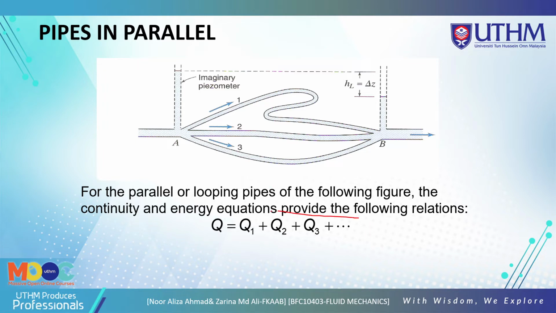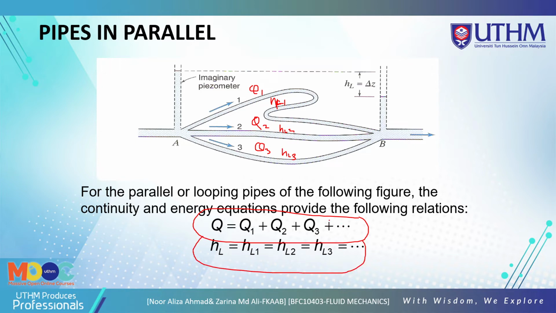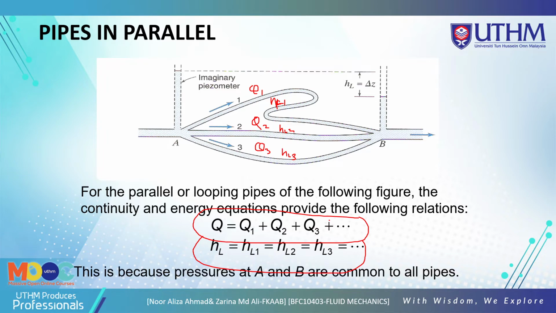Also, the head loss HL is equal: HL1 is equal to HL2 and HL3. This is the basic assumption in pipe parallel, because A and B are common to all pipes.